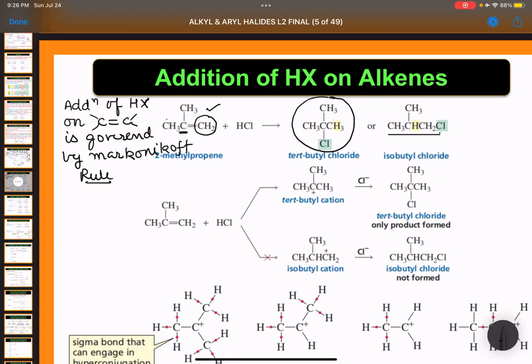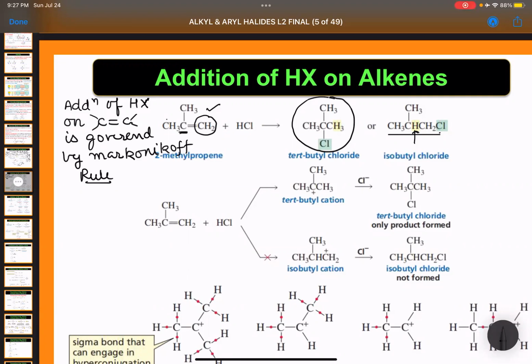Because this is not as per Markovnikov rule. You can see over here, you have put H on the carbon atom bearing less number of hydrogen, but you should put H on the carbon atom bearing more number of hydrogens, right? I hope that is clear to all of you.